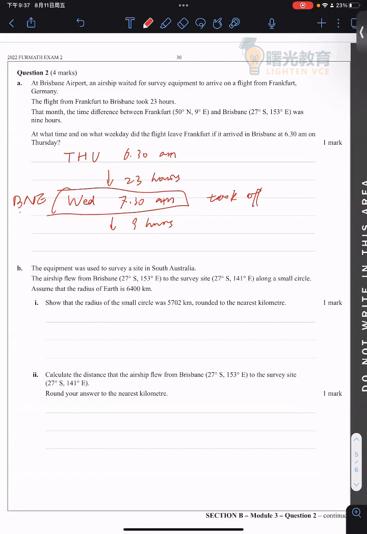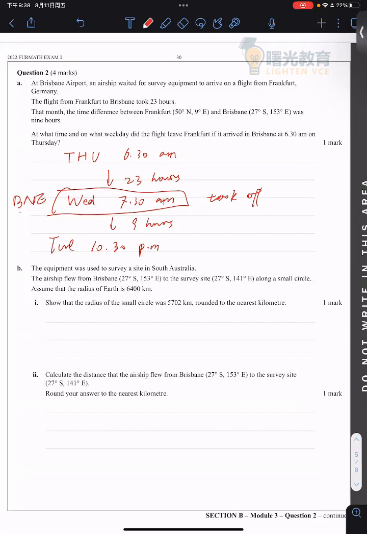6:30, 5:30, 4:30, 3:30, 2:30, 1:30, 12:30, all right? And then 11:30 and 10:30. So that would be 10:30 p.m., all right? And then you count back from Wednesday to the day before, which is Tuesday.